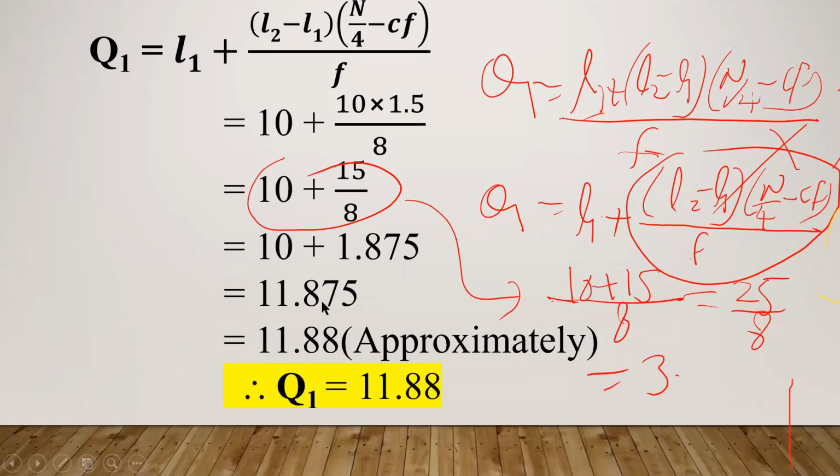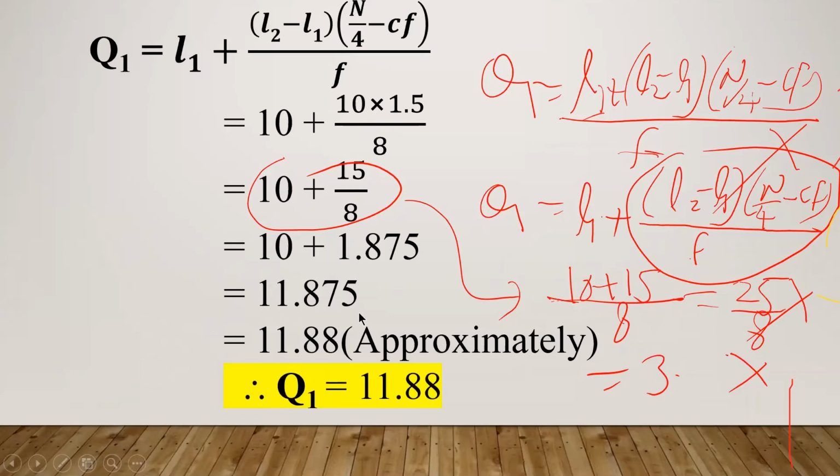It is 11.875. So you will get a wrong answer. Understood? So don't make that mistake. Q1 is 10 plus 15 upon 8. So first calculate 15 upon 8. This division is not for the 10, so that is wrong. You calculate this first, it is 1.875, and then you add this value to 10.